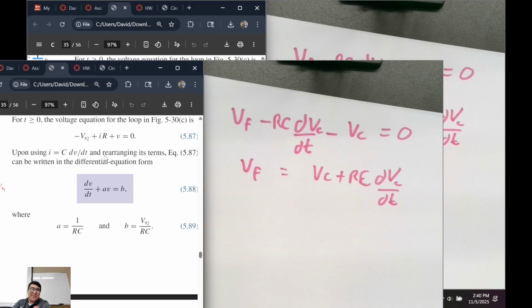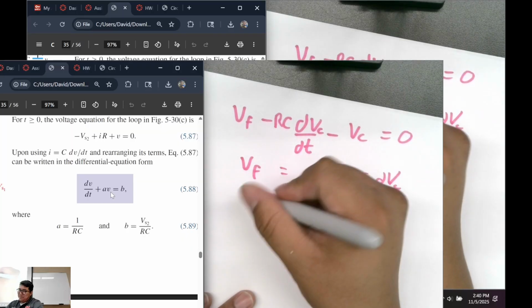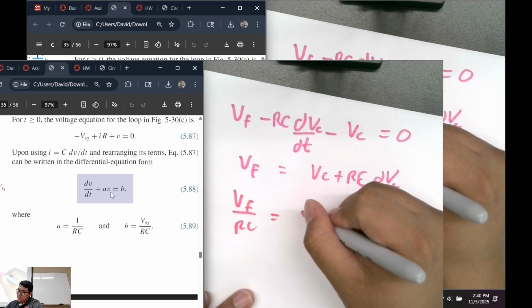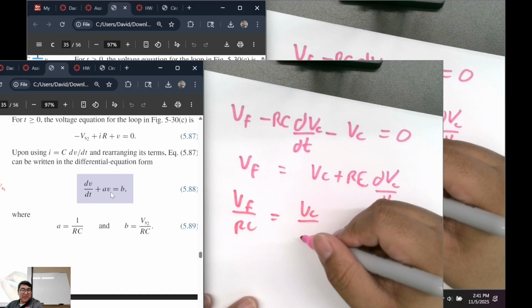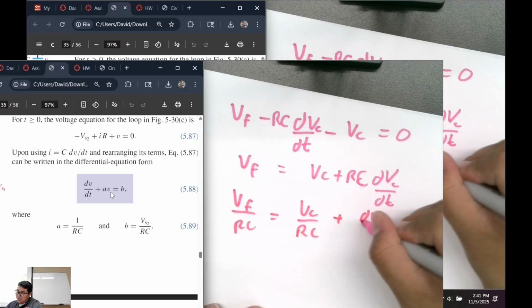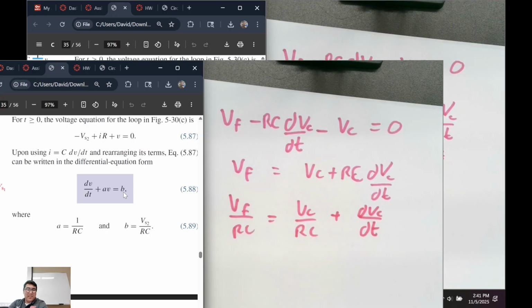Let me see. dV dt. I think I know what he's trying to do. VF over RC is equal to VC over RC plus dVC over dt. Is that what we want to do? Does that look kind of similar to what he's got right there? Because this B final, this B right here is this V final over RC, right?